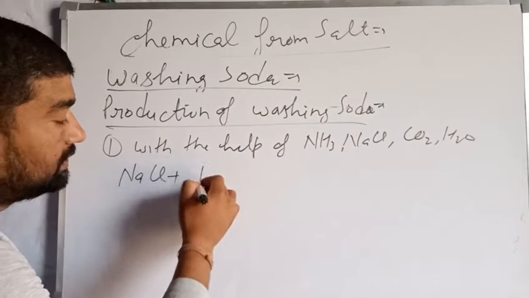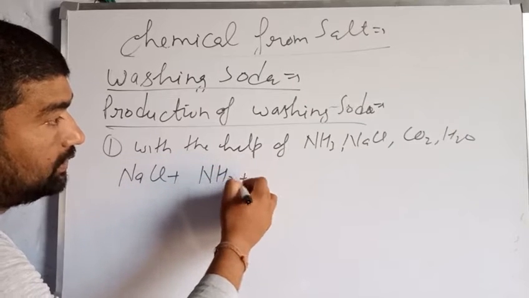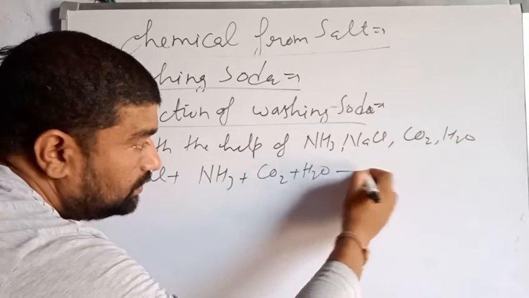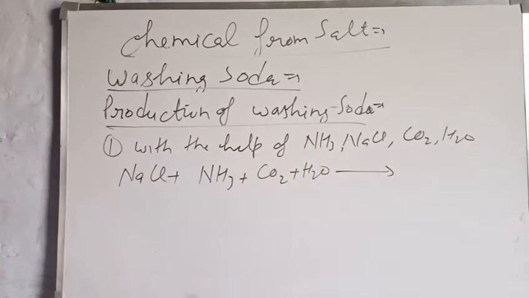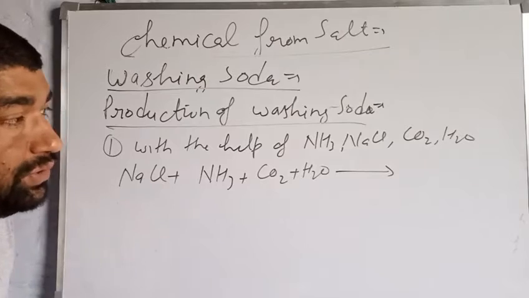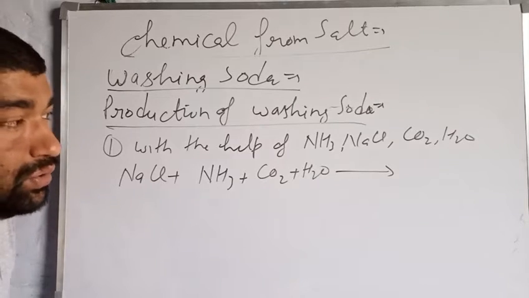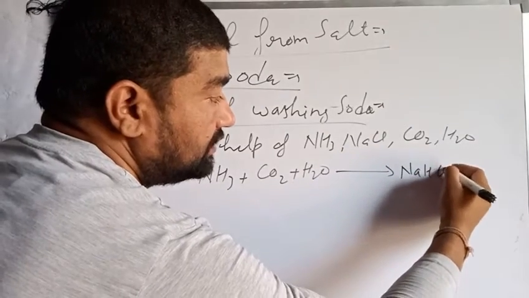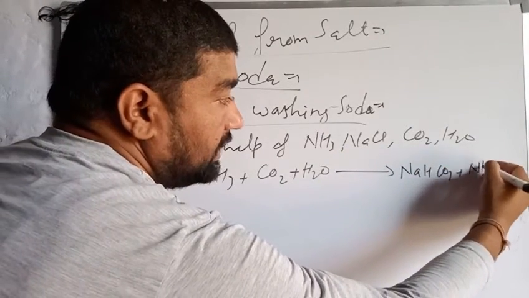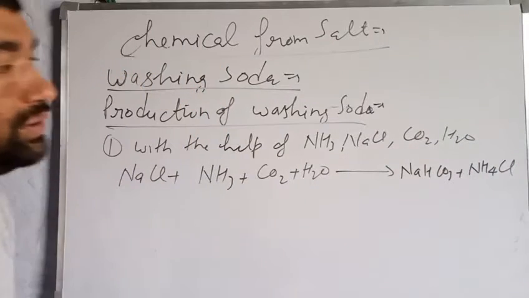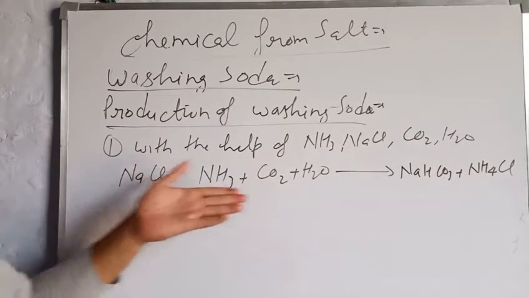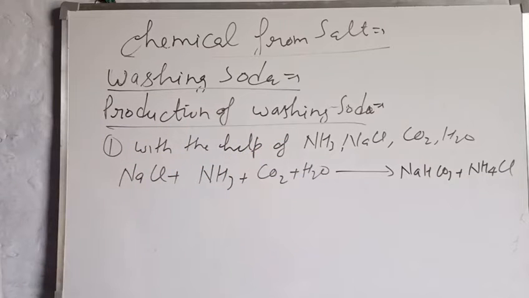NaCl plus ammonia plus CO2 plus H2O. What we obtain is sodium hydrogen carbonate, also known as sodium bicarbonate, which is NaHCO3, plus NH4Cl. This is the first step to obtain washing soda.